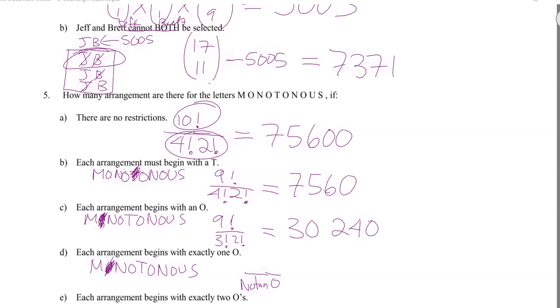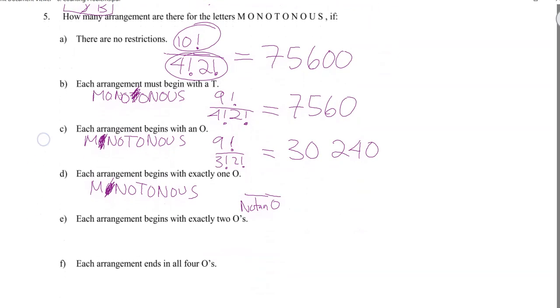So we're going to cross off that O. Our next letter is not going to be an O, but if it's an N, let's cross off that N. Now let's look at what's left. We have 8 letters left, which can be arranged 8 factorial ways. 3 of them are O's, and now there's no other repeating letters because that was an N.